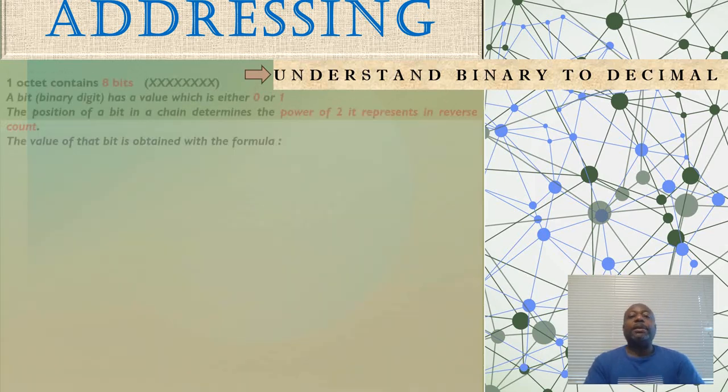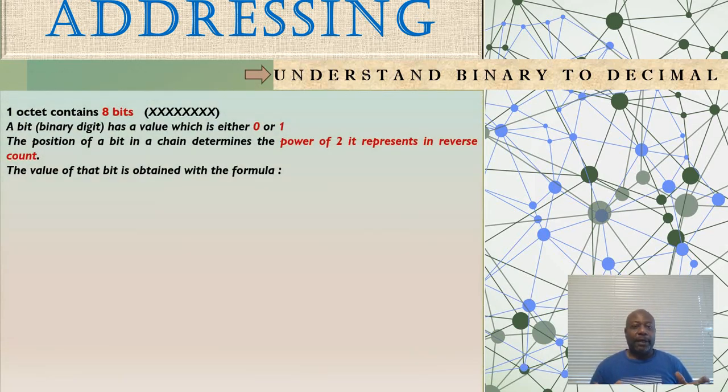So let us first of all get some concepts clear. An octet is a set of 8 bits, right? You remember the IPv4, four octets. Each octet is a set of 8 bits. And a bit or binary digit has a value of 0 or 1.